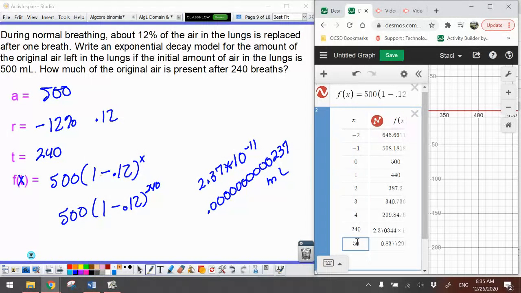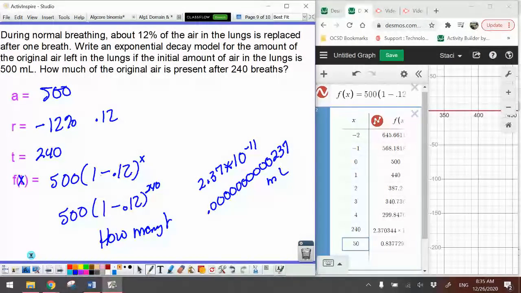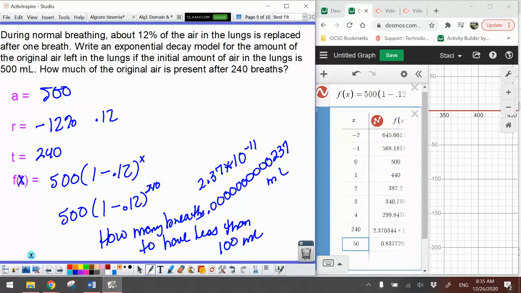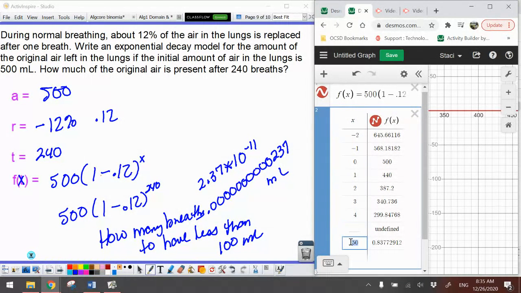So if I asked you how many breaths to have less than 100 milliliters of the original air, I can use my table. I see that 4 breaths is 299, 5 breaths is 263.